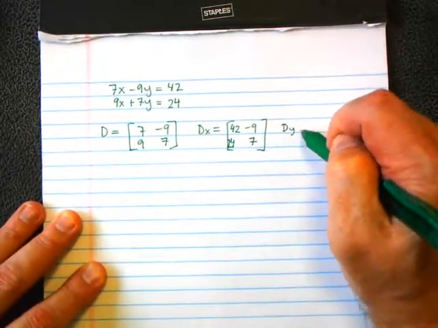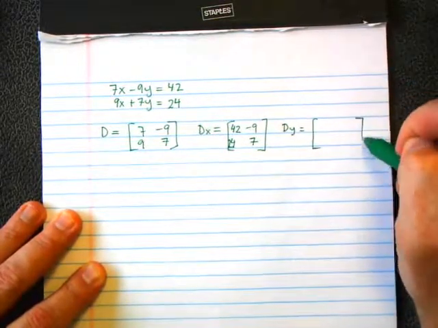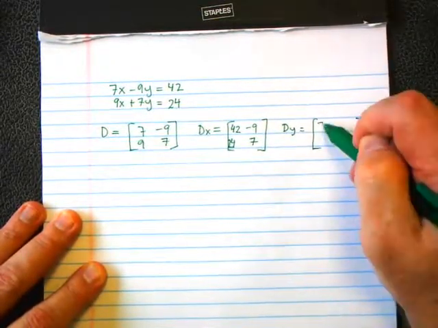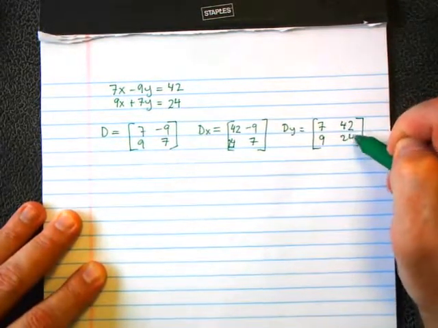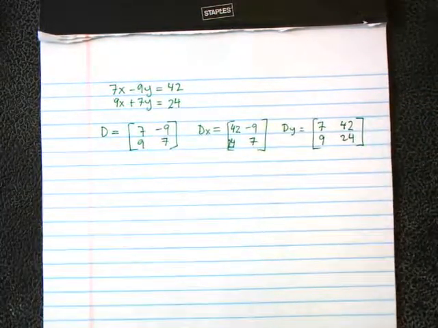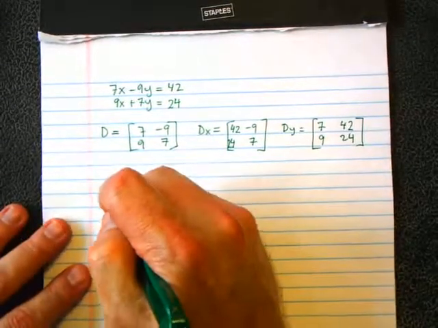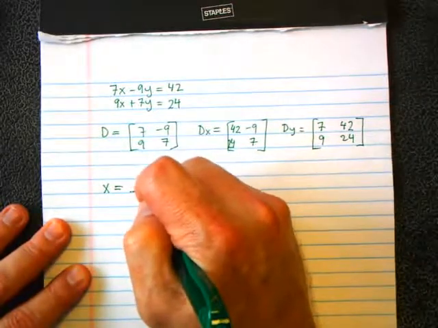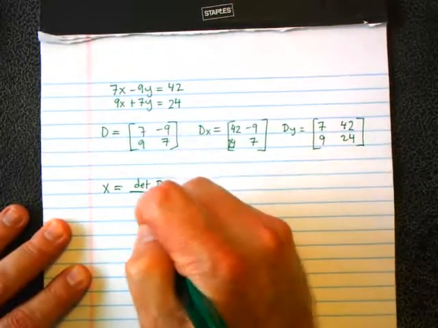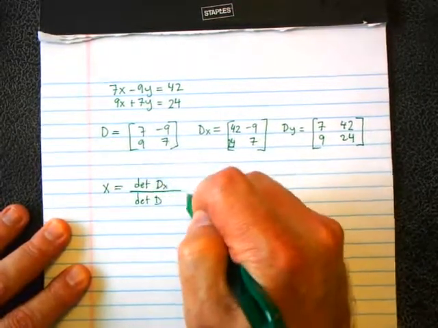And finally, Dy. 7 and 9 on the left. 42 and 24 on the right. All right. So, x. To find x, I take the determinant of Dx, and I divide by the determinant of D.